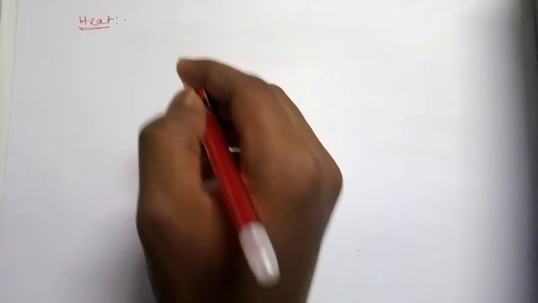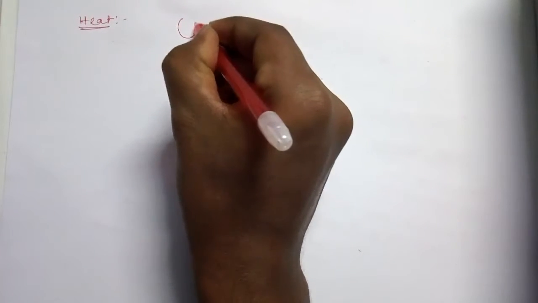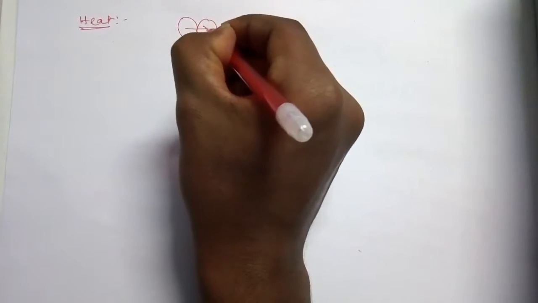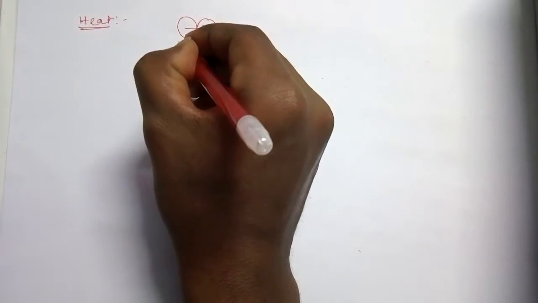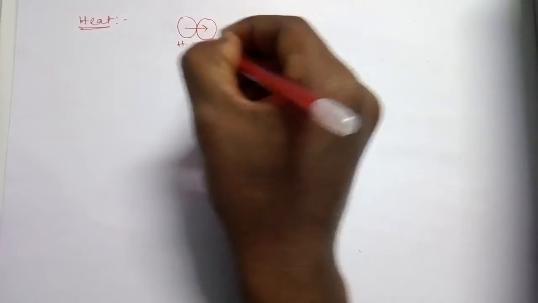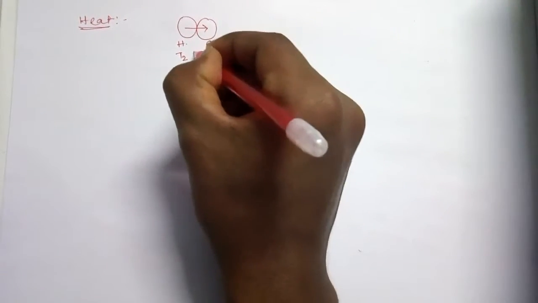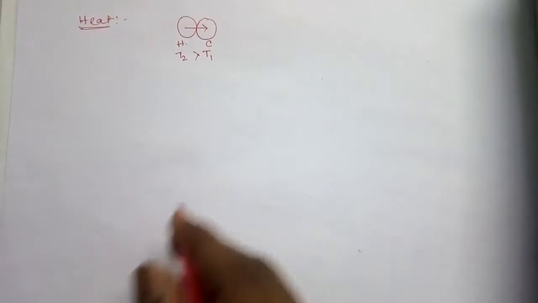Now heat. What is heat? Heat is one kind of energy that flows from a hotter body to a colder body when they are brought into contact with each other. Suppose this is a hotter body and this is a colder body. That means the temperature of that body is greater than the temperature of that body.